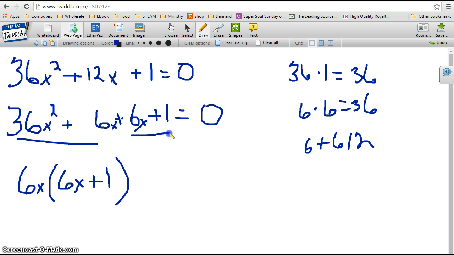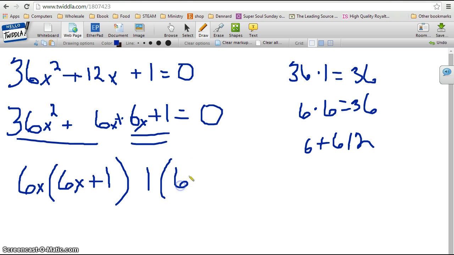Now I look at the second set of numbers, 6x plus 1. So I ask myself, what number can go into both of these numbers evenly? I know that number is going to be 1. 1 times what number is going to give me 6x?